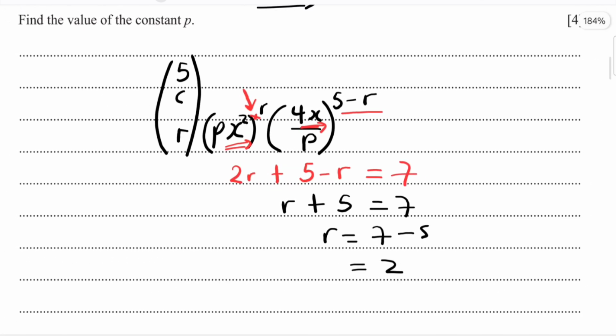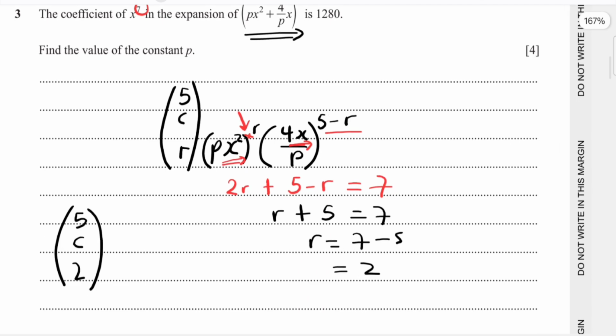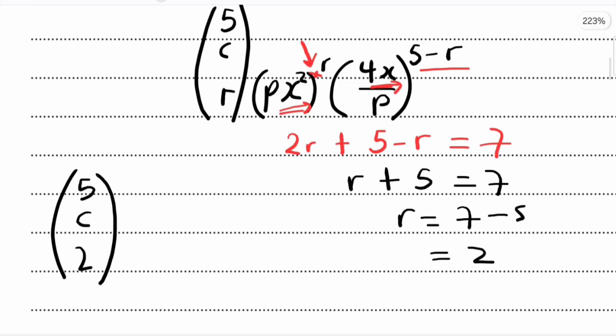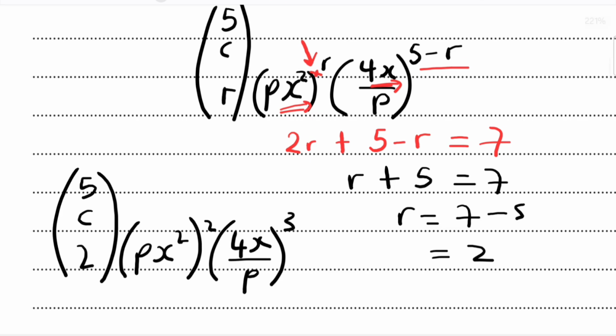Now we know that if we say 5 choose 2, we'll get a term with x to the 7, right? So it will be 5 choose 2, then our px² to the power 2 being multiplied by 4x over p to the power 5 minus 2, that's 3, right?